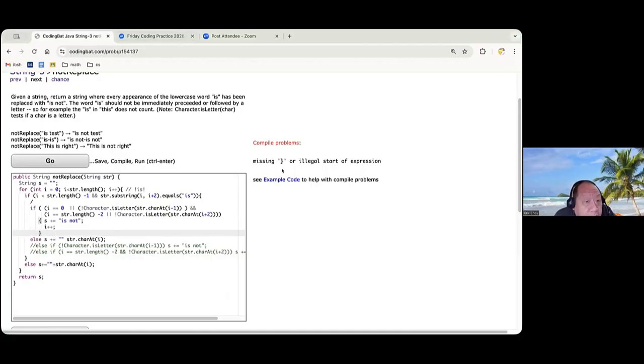Missing curly braces. You have an extra character right here. That's the problem. Parentheses. Line 11.